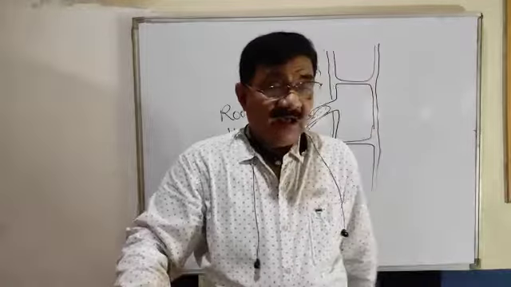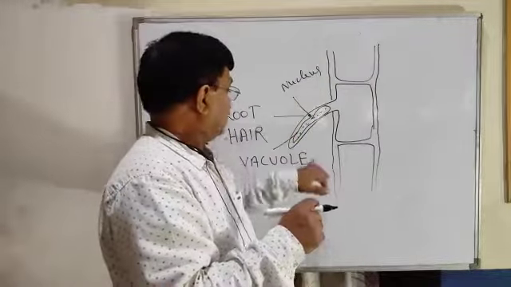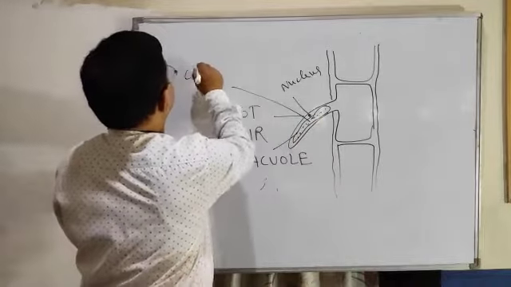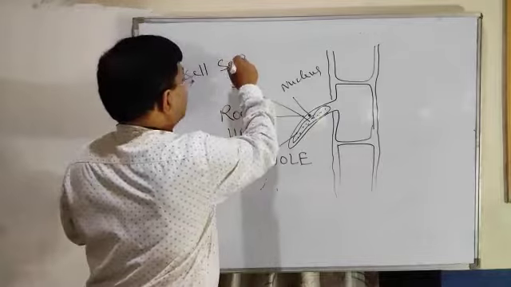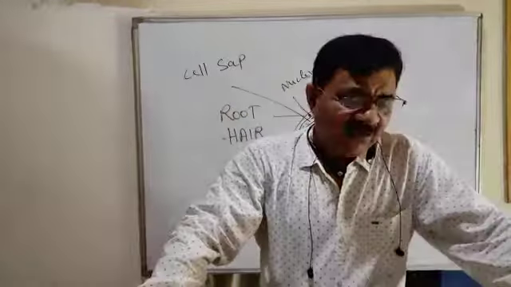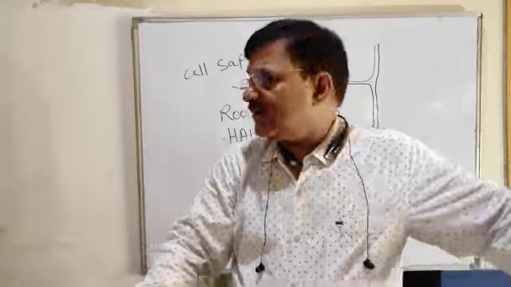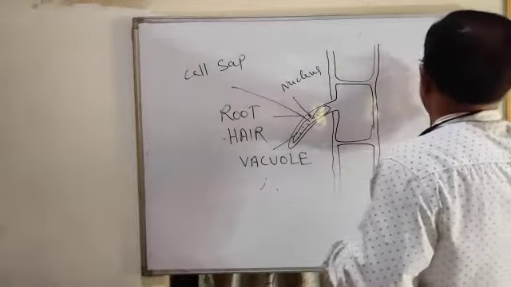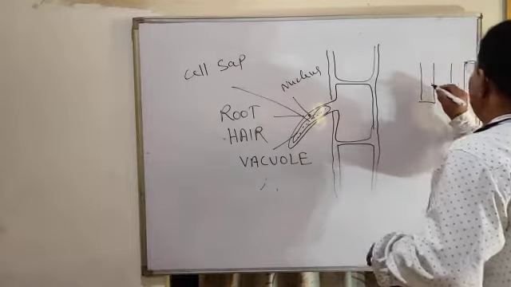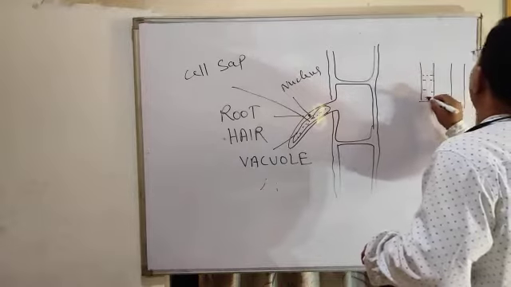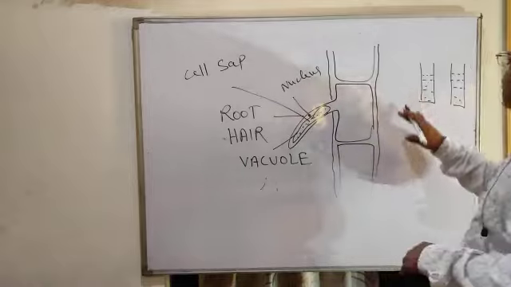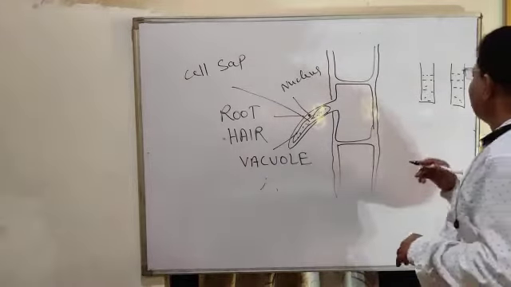Now, in the vacuole, cell sap is present. This liquid is the cell sap, and the concentration of the cell sap is higher. Let me make you understand about concentration. Suppose you have taken 2 glasses and equal amount of water. In both the glasses, equal amount of water is there.